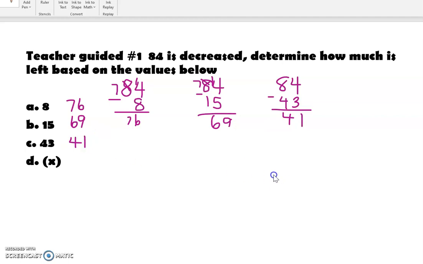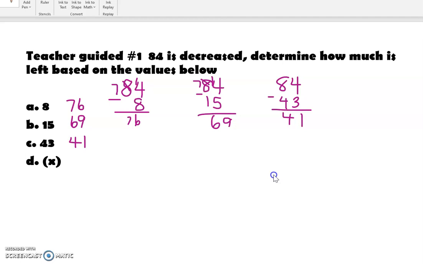If I look at my work for A, B, and C, that again will support me when I'm trying to determine the equation when I have a variable. The variable is something that can change. So when I look at the three answers I have, I want to see what changed in each of those problems. I subtracted 8, then I subtracted 15, then I subtracted 43.